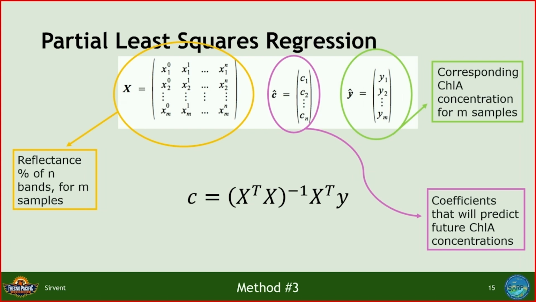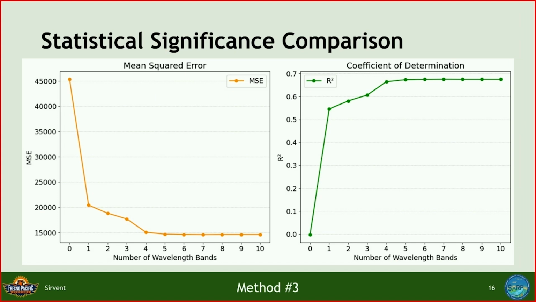And so now that we have a model, we're going to compare statistical significance values, namely mean squared error and the coefficient of determination. And if you notice, it's doing exactly what you want. As you add more components, MSE is decreasing, and as you add more components, R-squared is increasing. And so this is telling us that we need more components to predict chlorophyll A than just one.